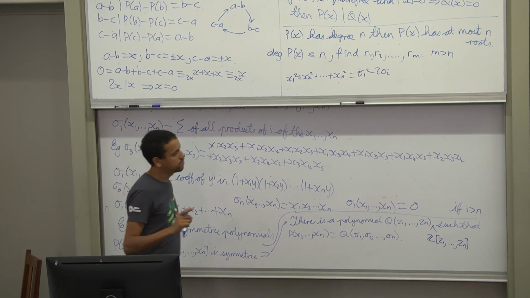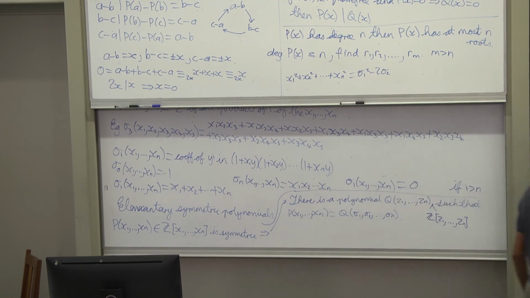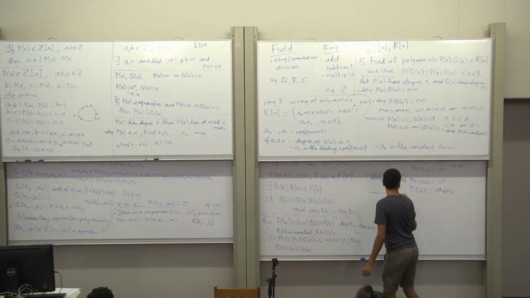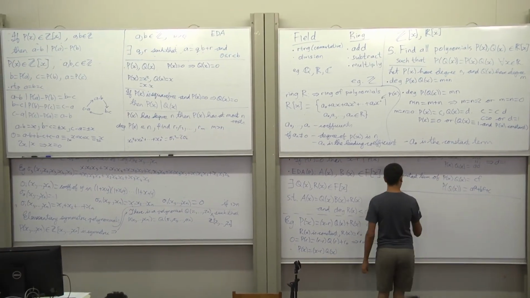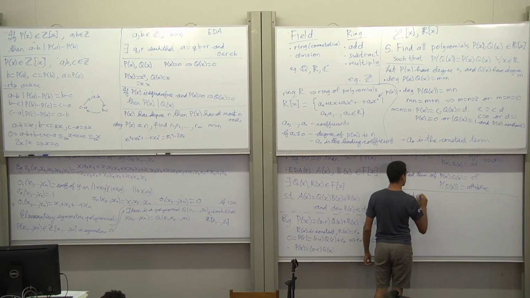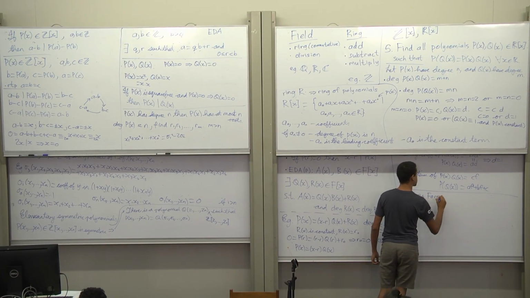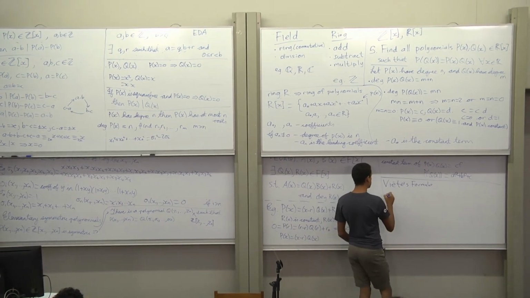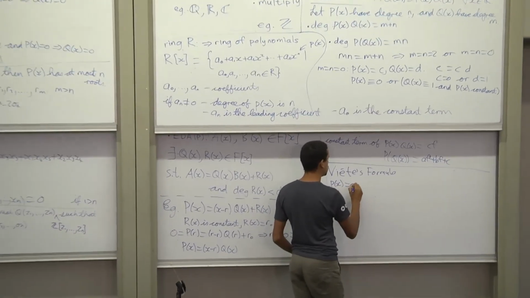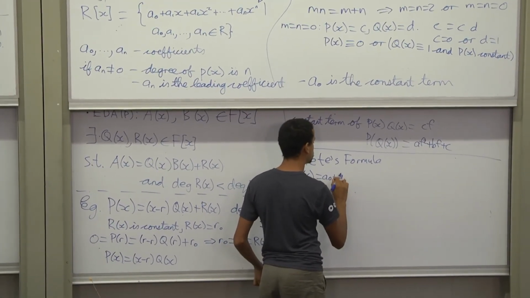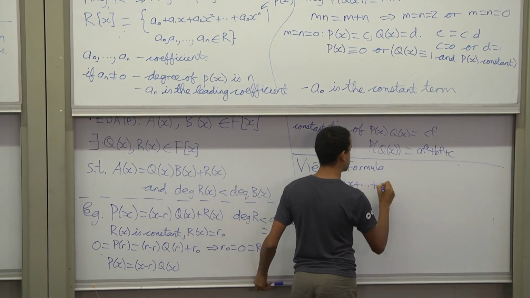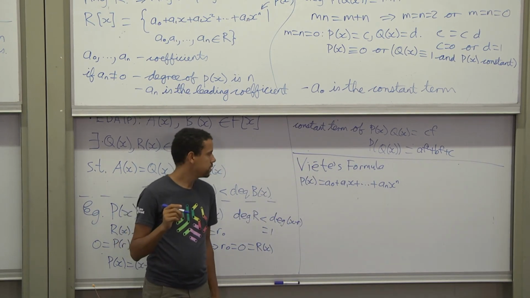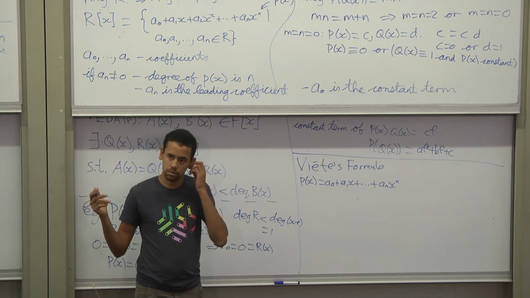Okay, last result I'll mention using these elementary symmetric polynomials is called Vieta's formula. And that is, if I have a polynomial, let's say P of x is that, and let's suppose that I know what the roots are.